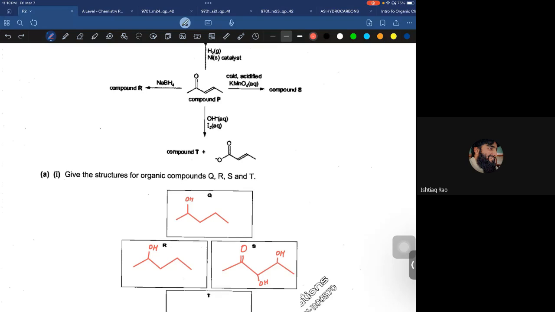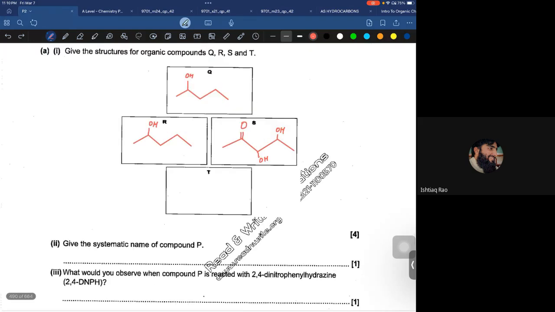Ultimately compound T is your iodoform, that is CHI3. So this is I, this is I, this is I. This is CHI3. This is your skeletal formula. I'm not supposed to show hydrogen in this.